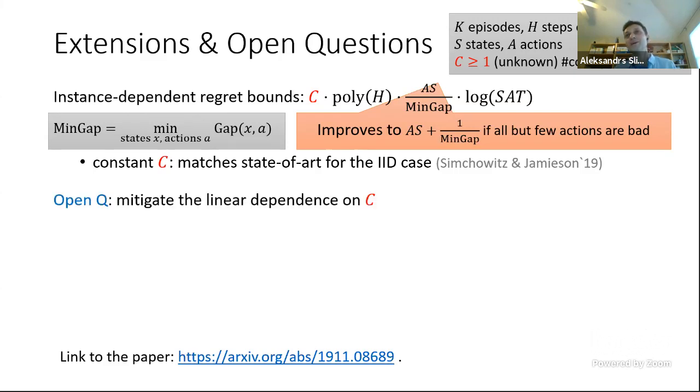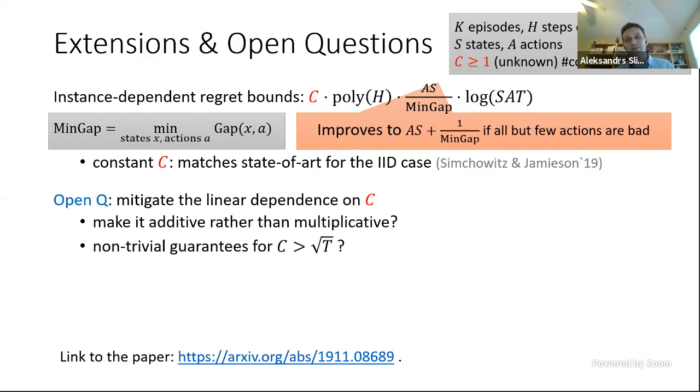Now, the main open question is about the dependence on C, the number of corrupted episodes. In our work, it is linear. Can we make it better? There are several ways to ask this question. One is, can we make it linear but additive rather than linear and multiplicative?